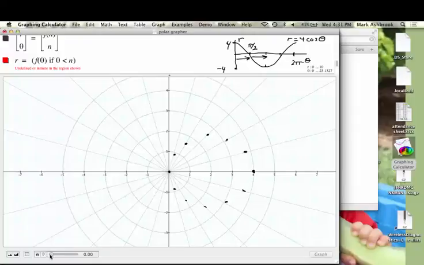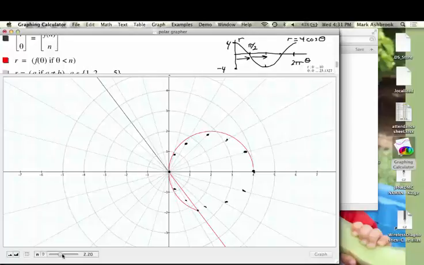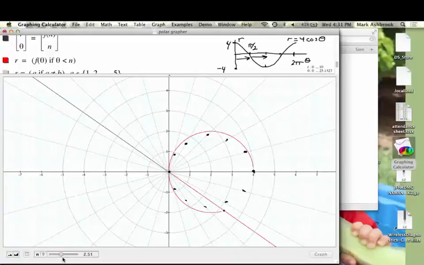Here it comes, ready? Oops, sorry. So there's pi, and it's drawn it once already. Okay, and so that was the circle that we wanted.